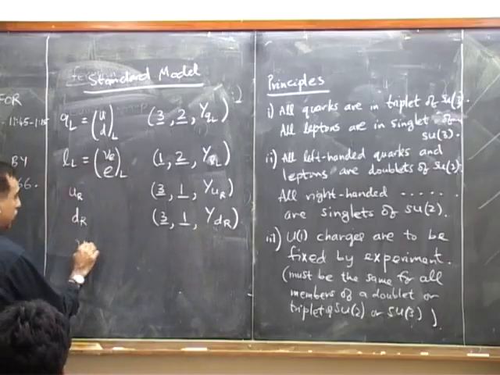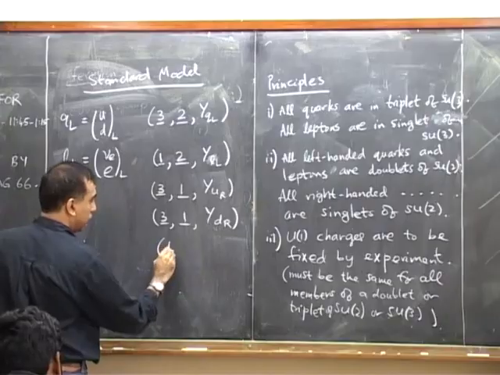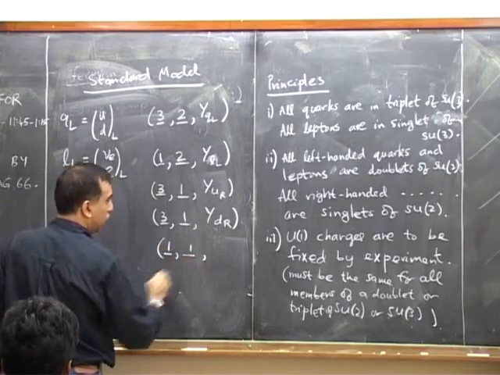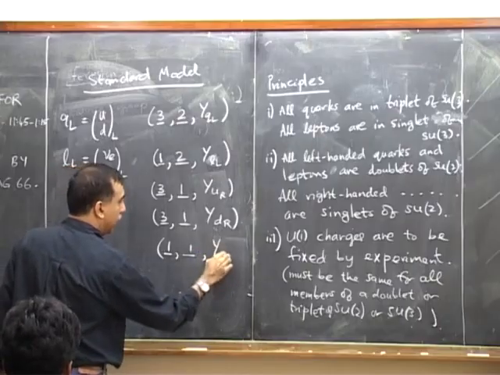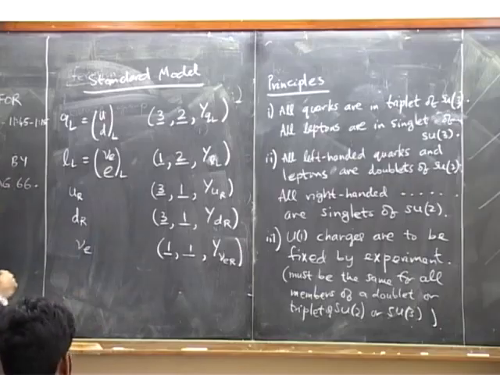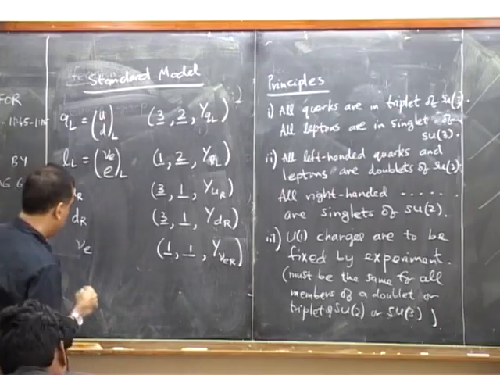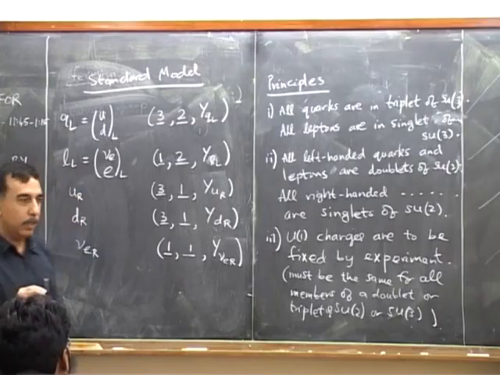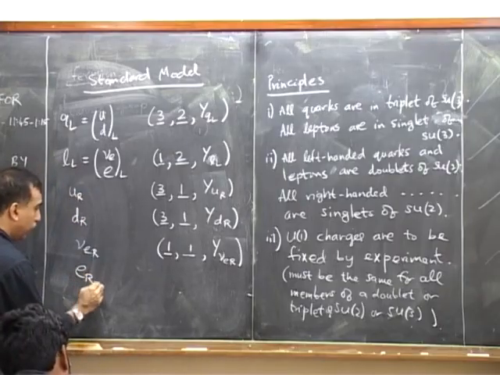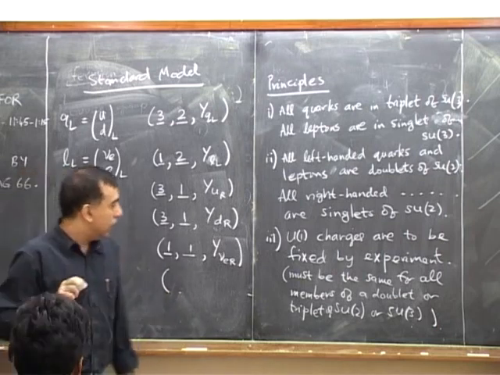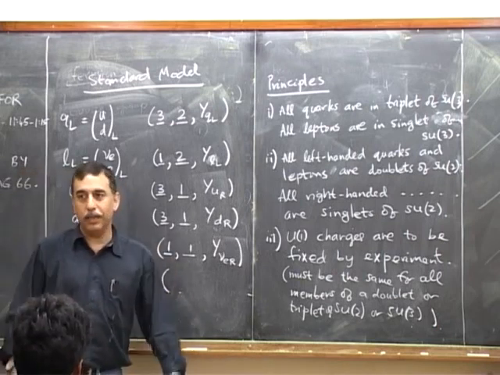Okay. Likewise, nu_E. Now this will be a singlet under SU3 because it's a lepton, singlet under SU2 because it's right-handed, and its hypercharge will be independent. Doesn't take much to guess that that's going to be 0. For a while there was no right-handed neutrino, but now we know that there are right-handed neutrinos. Some people still, in my opinion, unnecessarily insist that the standard model is the model without right-handed neutrinos.